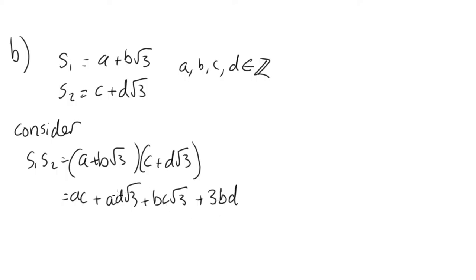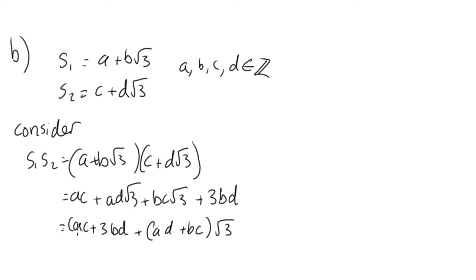You don't need to worry about the order in which you write the letters, because multiplication is commutative. With a bit of simplification, this is AC plus 3BD plus AD plus BC, factorizing out the root 3.